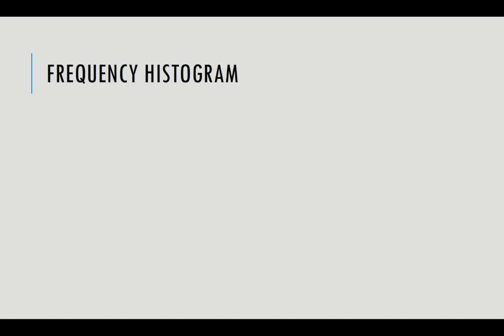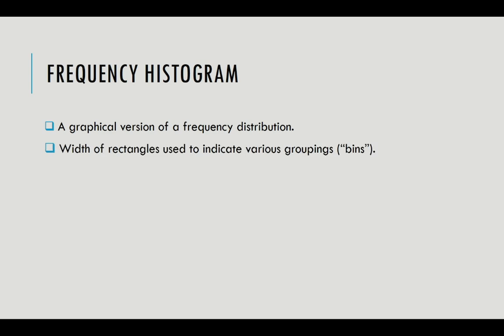Let's move on to frequency histograms. A frequency histogram is a graphical version of a frequency distribution. So all we're doing is taking a frequency distribution and making it a graphic visualization. Now, the widths of the rectangles are used to indicate various groupings, and those groupings are called bins.